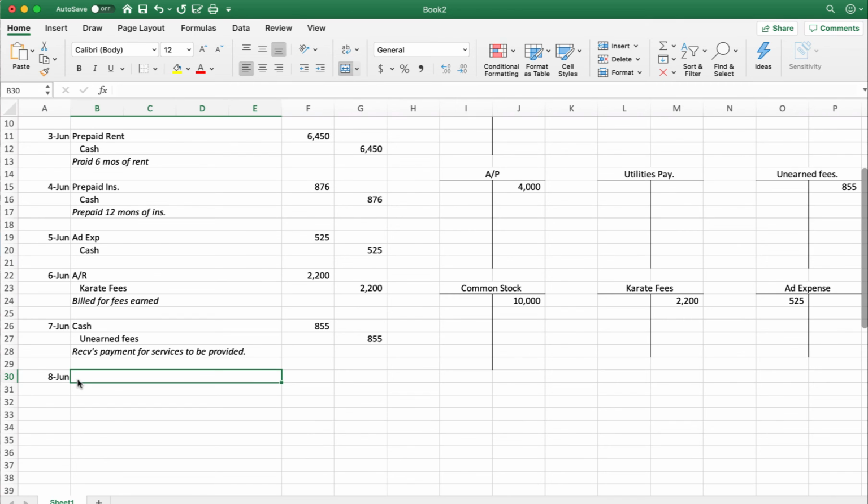6/8, collected $2,800 on account from participants. Okay? So what that means is on June 6th, I billed $2,200. On June 8th, I collected $2,800 on account from participants. Now, you might be looking at this and saying, well, wait a minute. How's that possible?